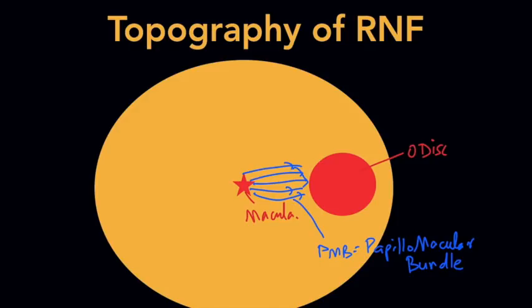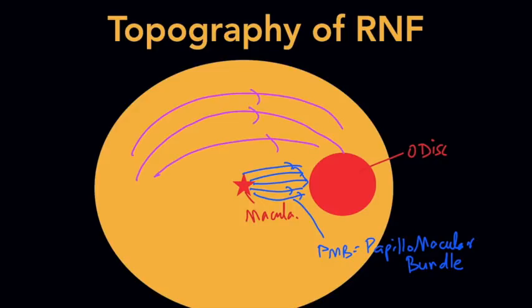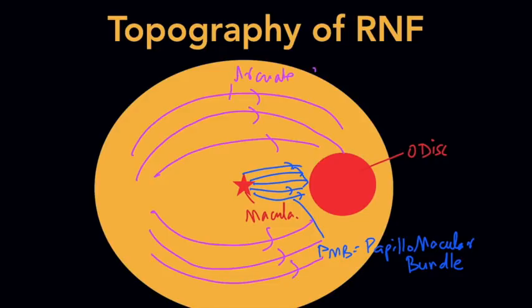Now, from the other parts of the retina, the fibers are going to come like an arc, like this. This is called arcuate fibers. These are superior arcuate fibers, and these are inferior arcuate fibers.